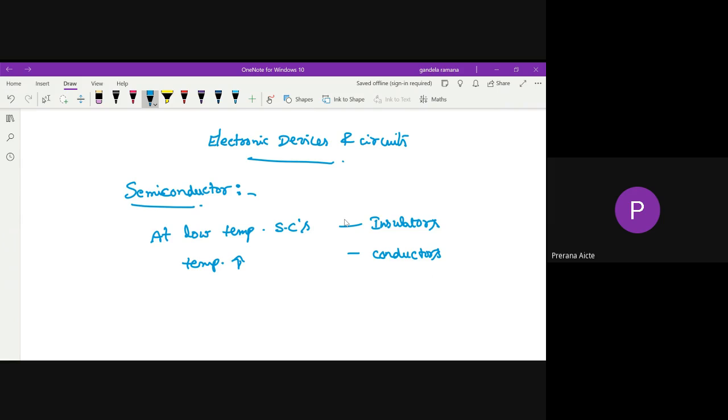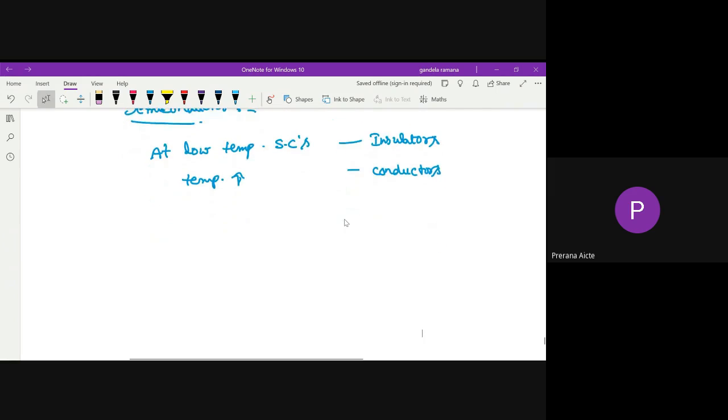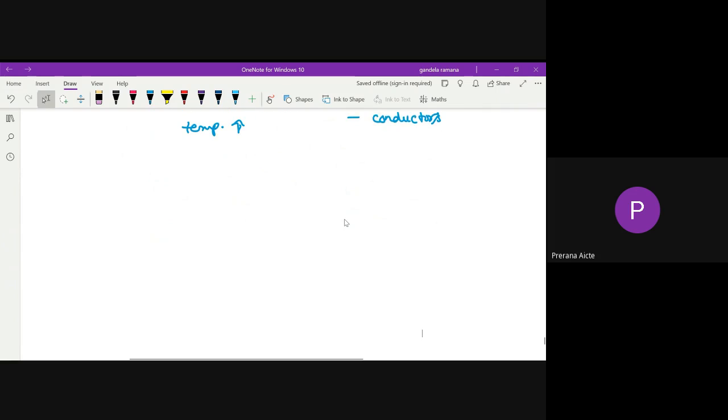Among conductors, semiconductors and insulators, which one is popular? Semiconductors are popular. Why? Because we can control semiconductors. How can we control them? The conductivity is controlled by light falling on it. When the temperature varies, it is controlled.